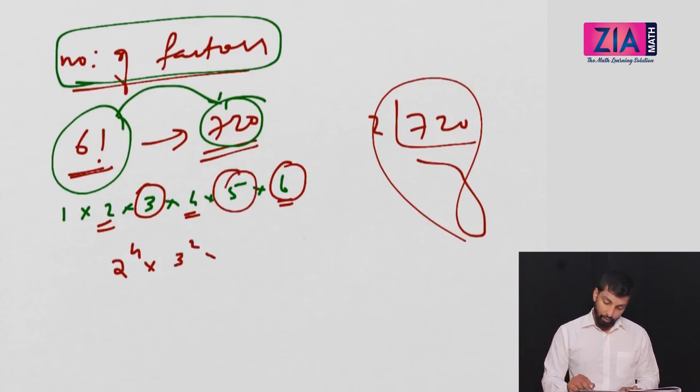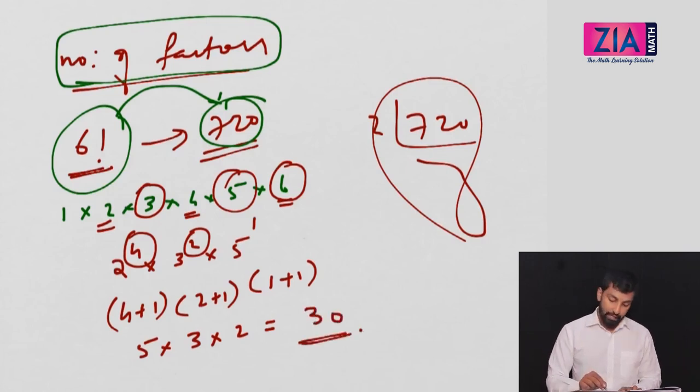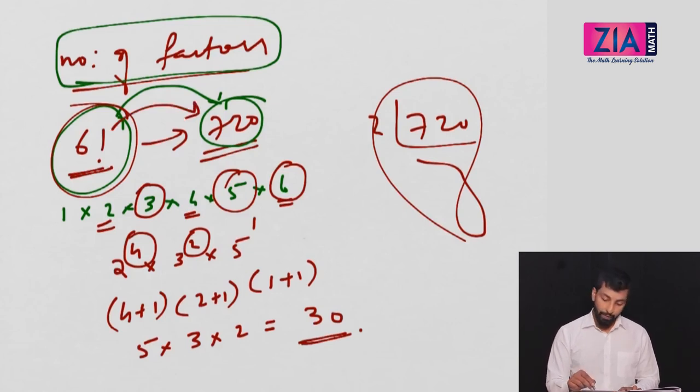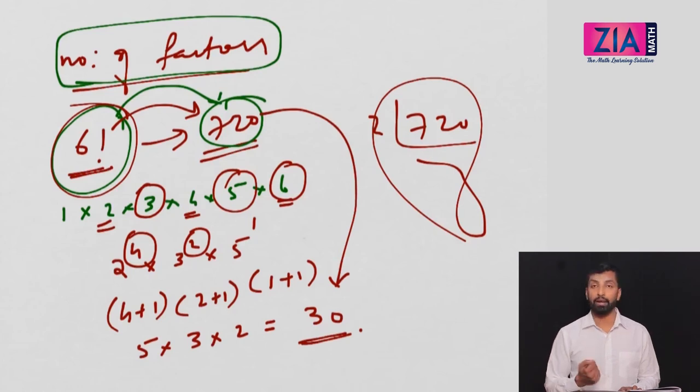Then how many 5's? 1 five. So the number of factors means 4 plus 1 into 2 plus 1 into 1 plus 1, so 5 into 3 into 2, that's nothing but 30. So the number of factors of 6 factorial is 30. 6 factorial is nothing but 720, so the number of factors of 720 is 30. That's what you can understand.